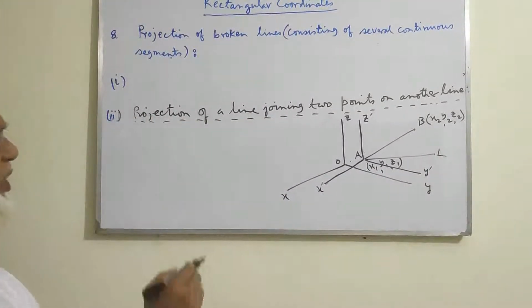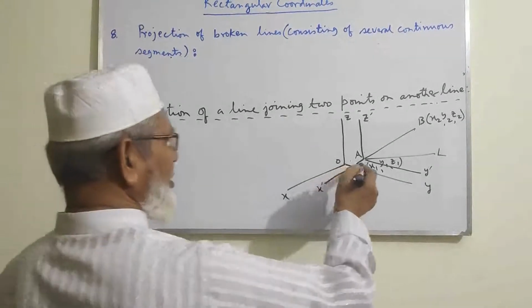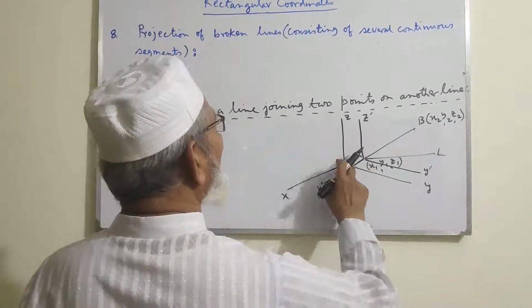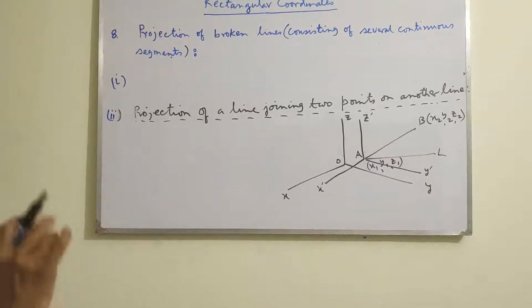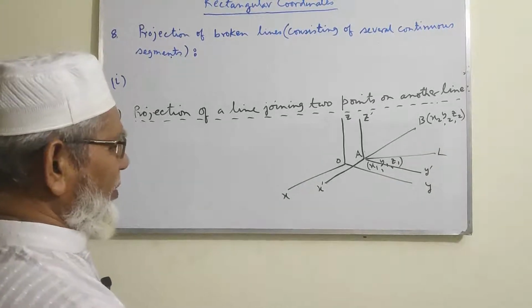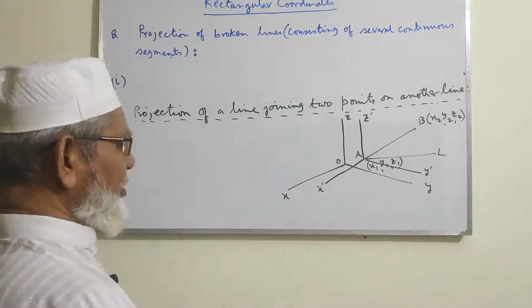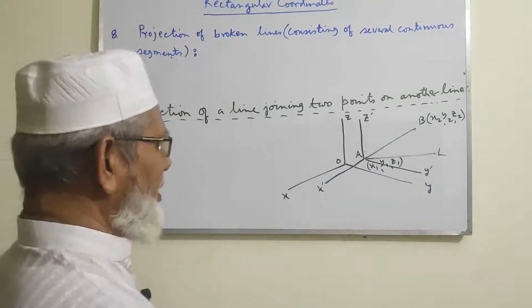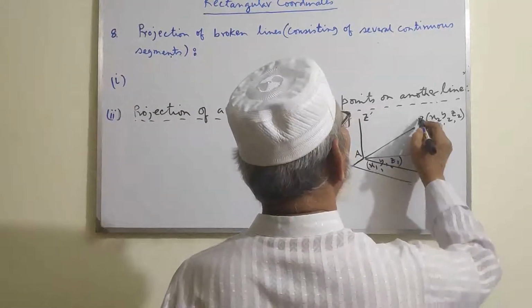AL is a line whose direction cosines are L, M, N.